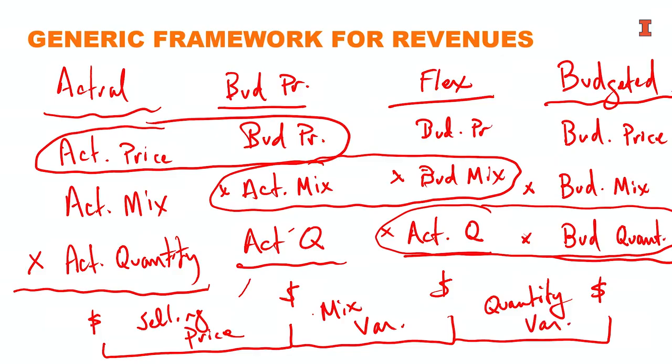Again, just like the cost variances, analyzing at this level of detail allows us to understand the role of different components, fundamental issues in the calculation of revenue, and how they drive differences between actual revenues and budgeted revenues.